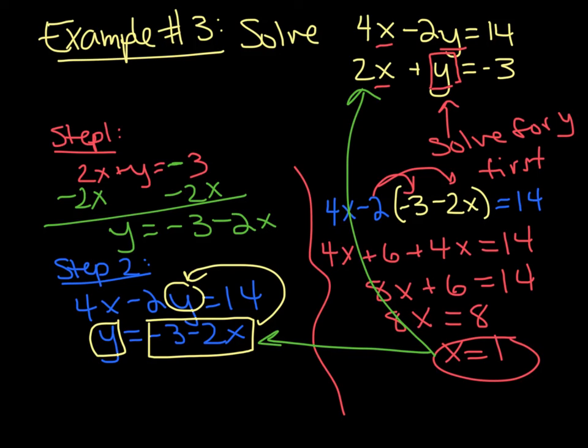However, you'll notice that the one that I have circled in yellow is much easier. I just gave it a star because it's a happy equation. It's much easier to work with because it's already solved for y. So then I'm going to substitute in for that one. I get y equals negative 3 minus 2 times 1. In the end, my y value is going to be negative 5.